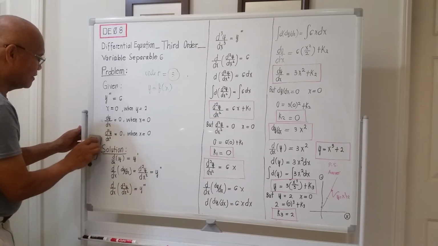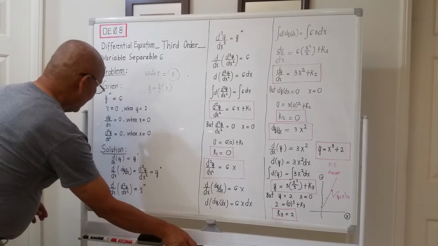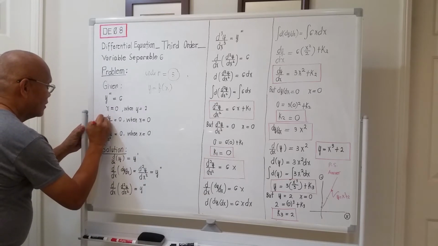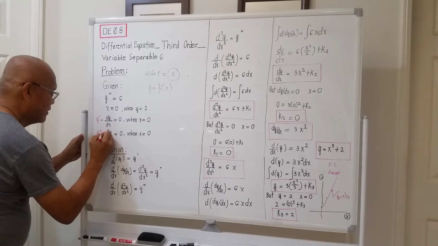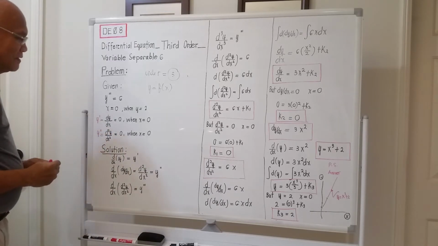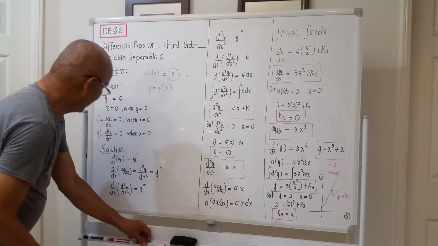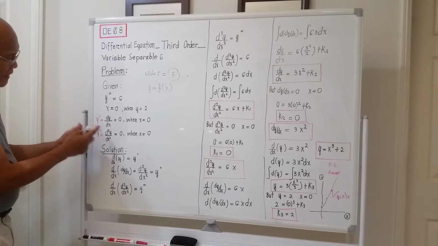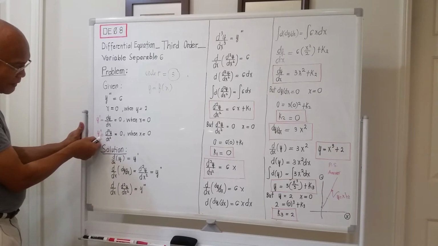This is y prime. This is y double prime. For me, I prefer the term dy/dx instead of y prime, and I prefer d square y over dx square instead of y double prime.